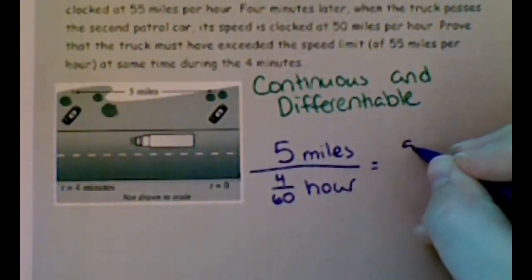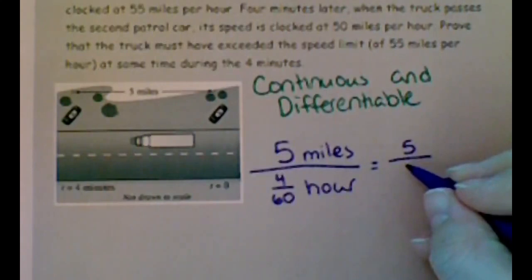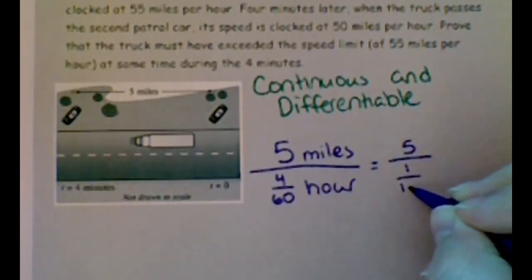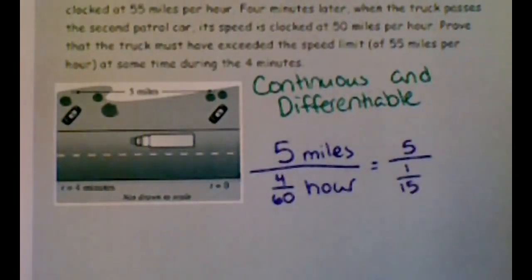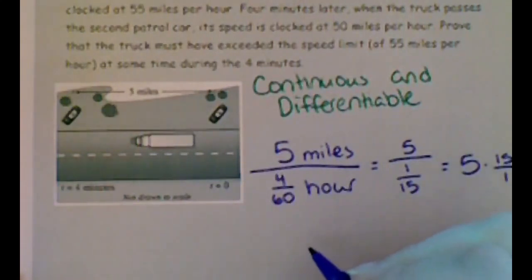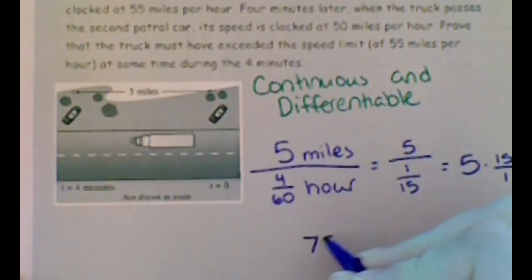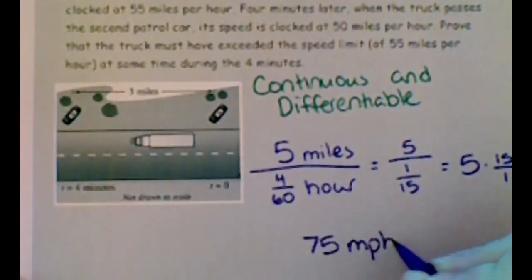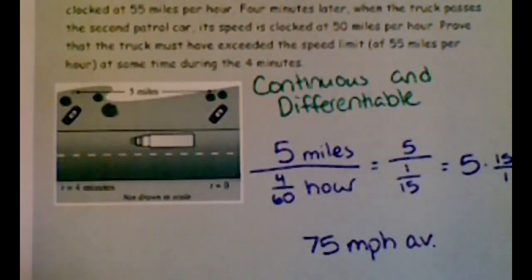I would simplify my 4/60ths, that is 1 over 15. And to divide by a fraction, we multiply by the reciprocal. 5 times 15 over 1 is 75 miles per hour average.